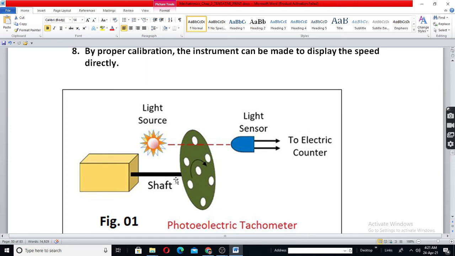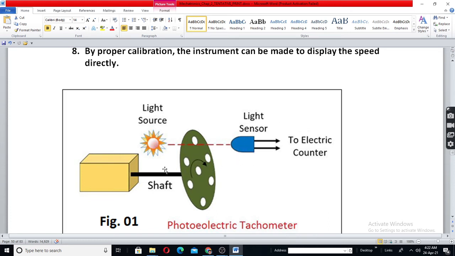The photoelectric tachometer you have used in your machine lab experiments. So what happens here is there are different types. See, light source is kept here, and there are holes here, and there is light sensor here.